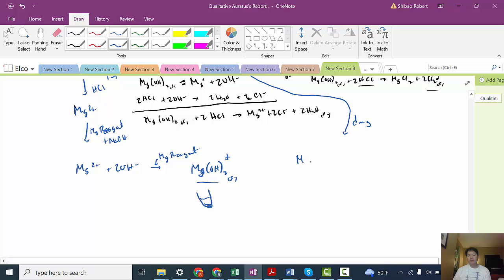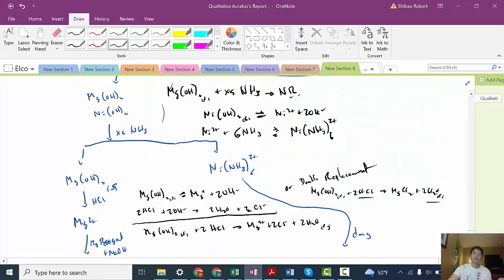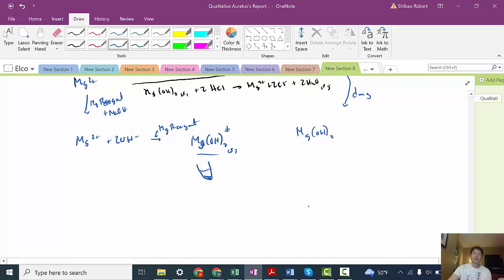So, let's see if we get back there. There are two ways we could do this, more of a Chem 1B style. That is magnesium hydroxide, solid, or actually, no, I don't want to start there. Let me fix this. The hexamine 2 plus, here. So the chapter 19 way of doing this would be something like this.